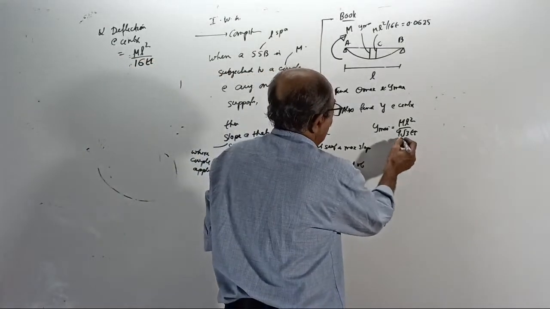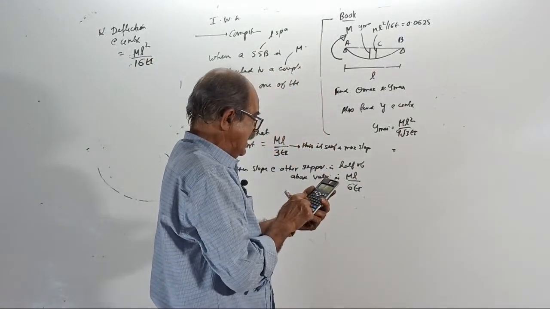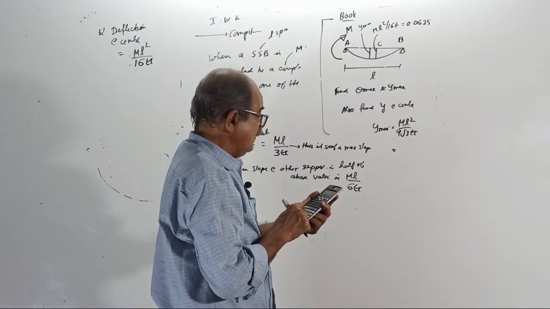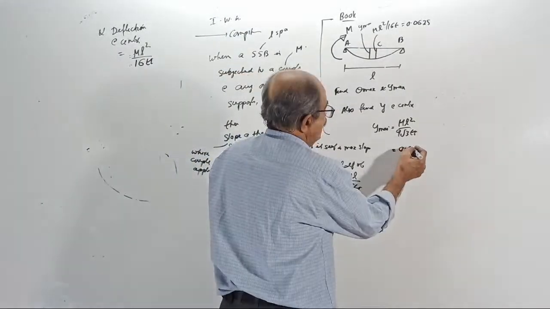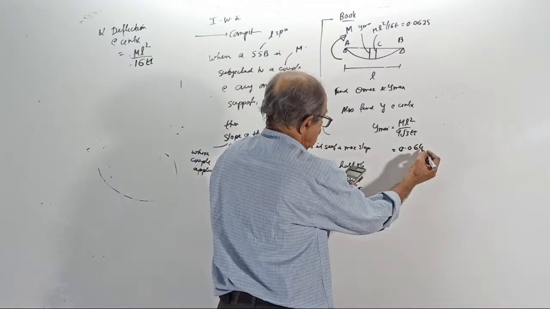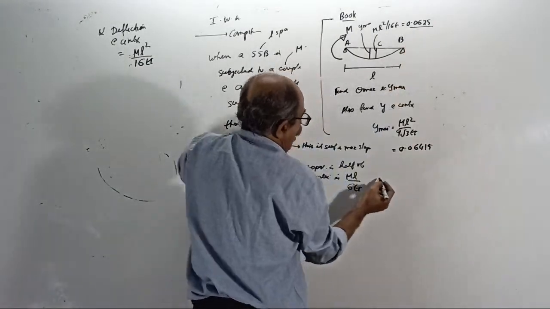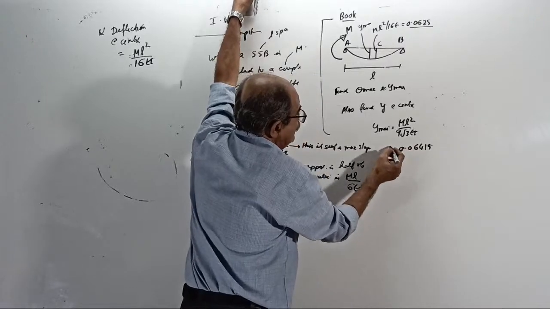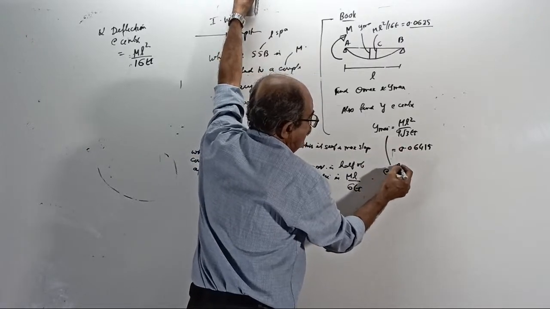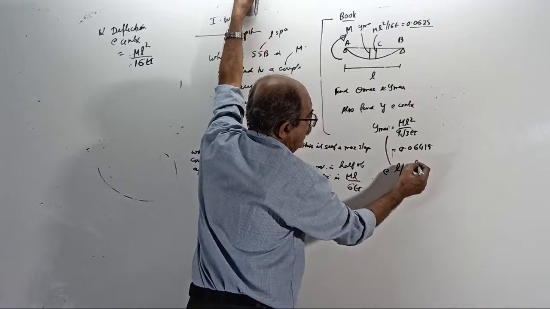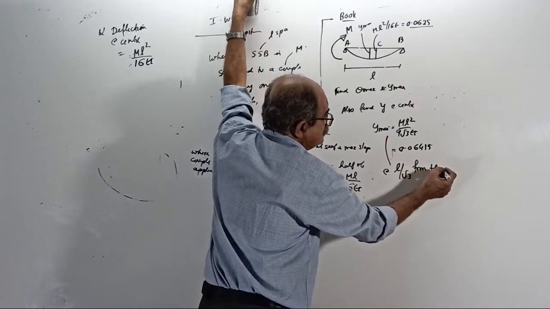Whereas 1 by 9 root 3 is 1 by 9 divided by root 3, which is 0.0641, slightly more.